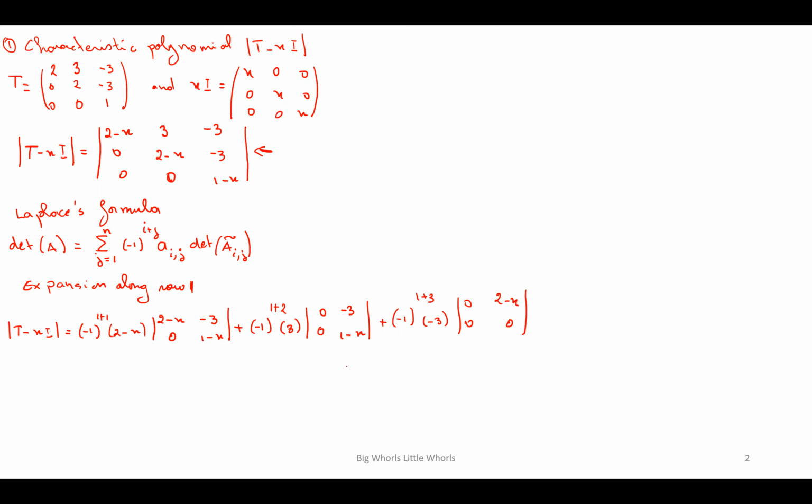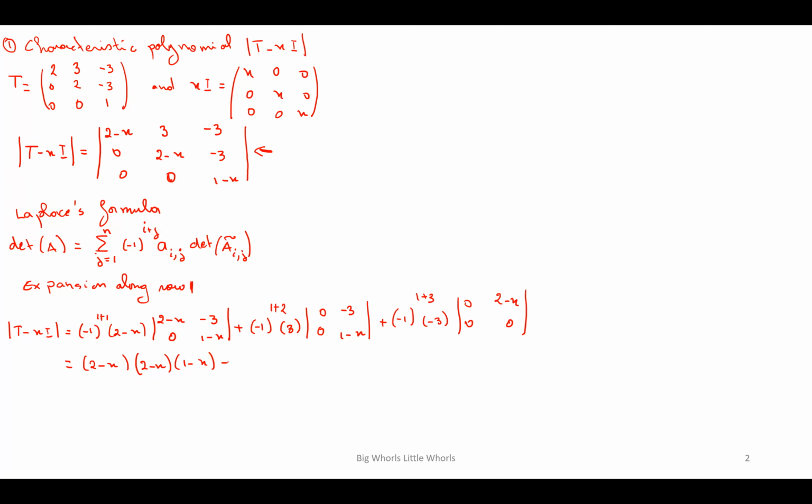I'm sure you know how to get a determinant. If you don't recall, go back to our previous chapter, where I have plenty of tutorials for that. So here we have (2 − x) multiplied by the determinant of a 2 by 2 matrix, which you know, (2 − x)(1 − x).